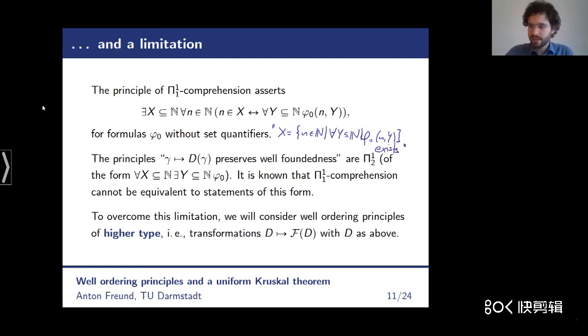Now, the first thing to consider is which transformations we want to allow as input. Of course, we could simply allow all transformations of linear orders D as input here. But this is not actually the way that we will go, and this has the following reasons. We want to compute the output of these higher well-ordering principles in a very concrete sense.